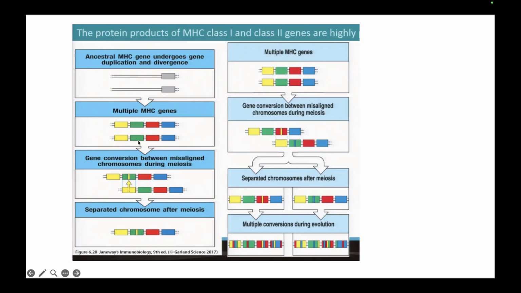There is a duplication event and a divergence event, and now you can see there are multiple MHC genes on both of the alleles. After that there is a gene conversion between misaligned chromosomes during meiosis. What happens during meiosis is a crossover between the homologous genes.